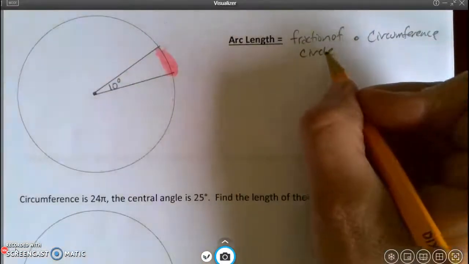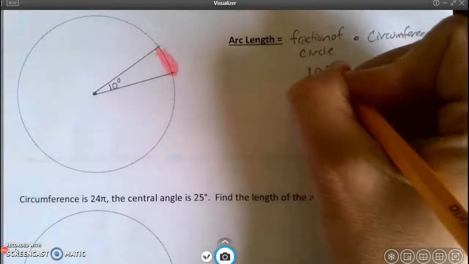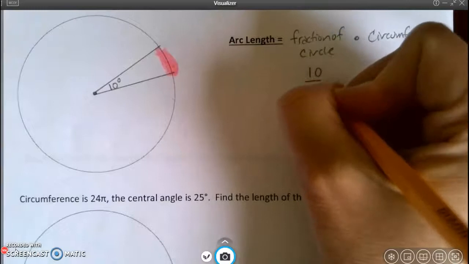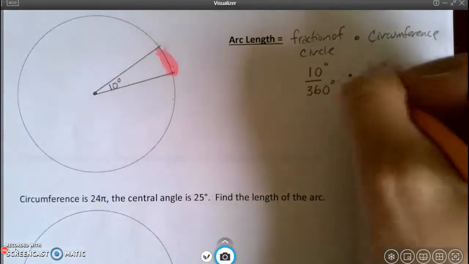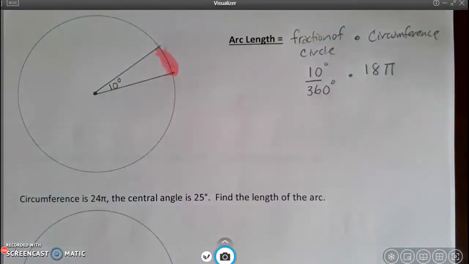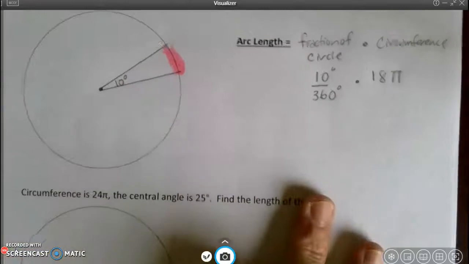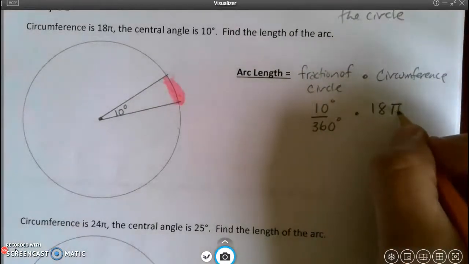So what is the fraction of this circle? Since it's in degrees, my fraction is 10 out of 360 degrees, times my circumference, which is 18 pi. I'm going to go ahead and use my calculator for this. We are going to do exact answers for right now, so I'm not going to multiply out the pi.